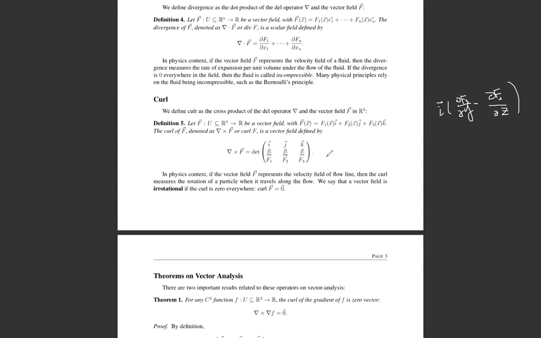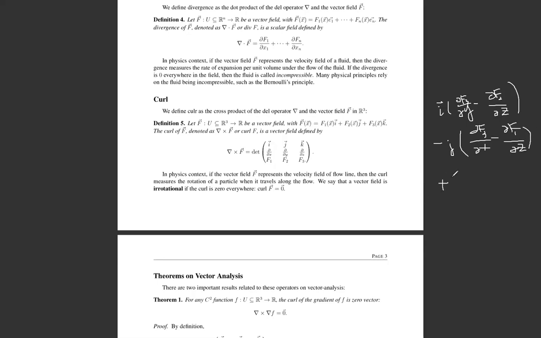For j, this becomes minus j times partial f3 over partial x minus partial f1 over partial z.